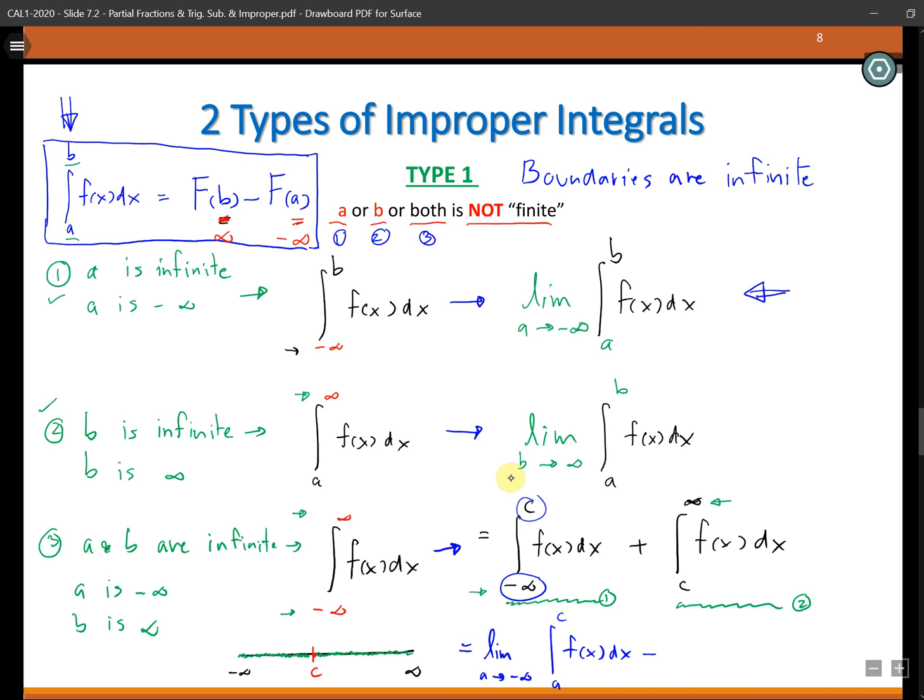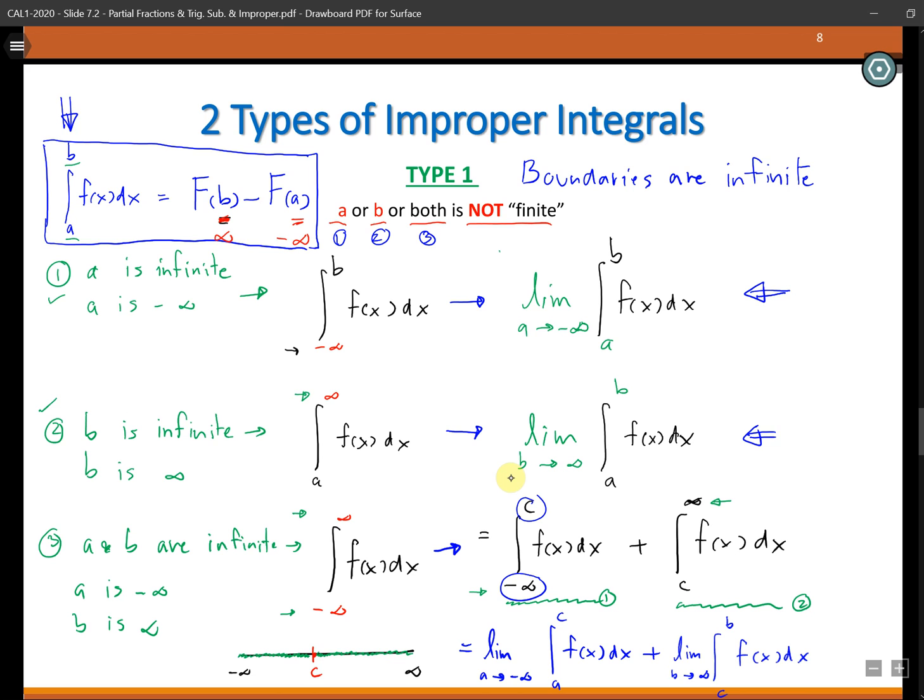Okay, now for the second integral, I'm going to use this scenario 2 to replace here. So here, integration starts at c, ends at b, but not just any b. It's a b that approaches infinity, right? Fx dx.